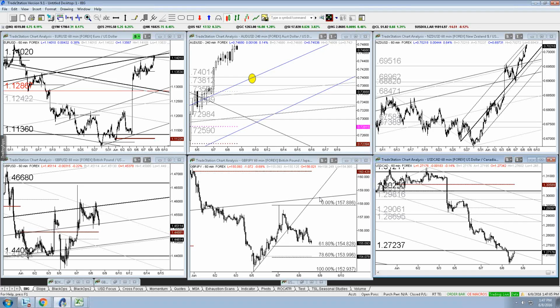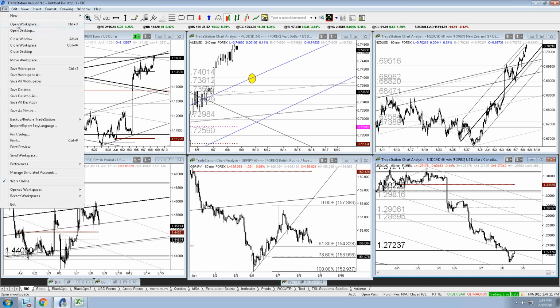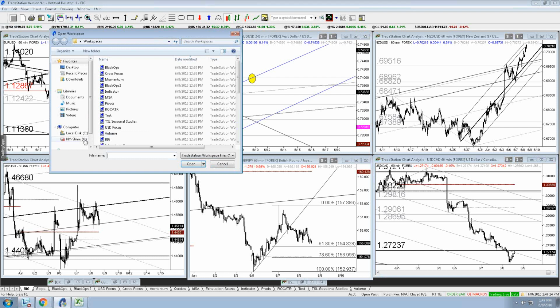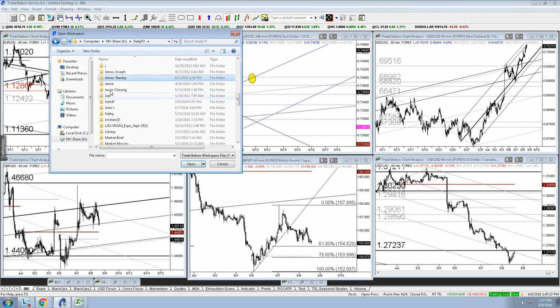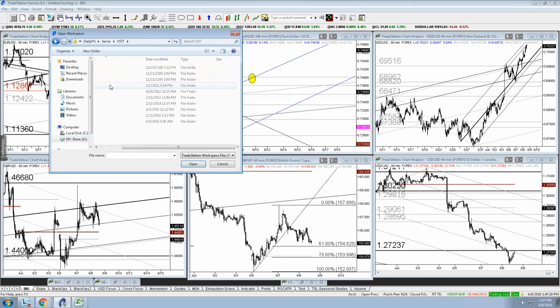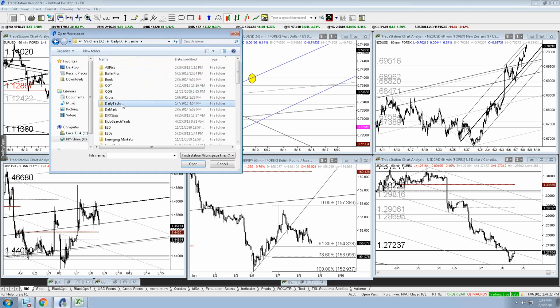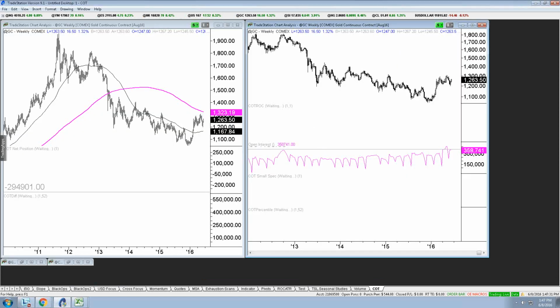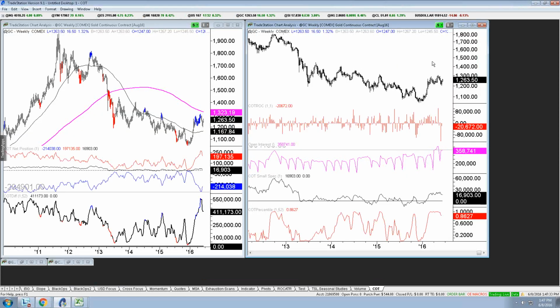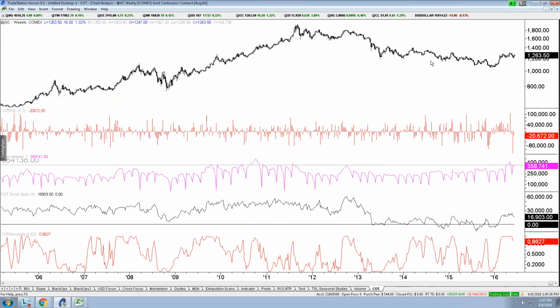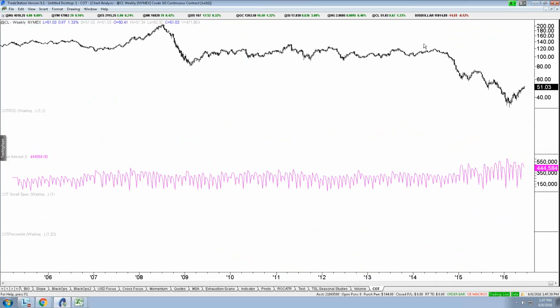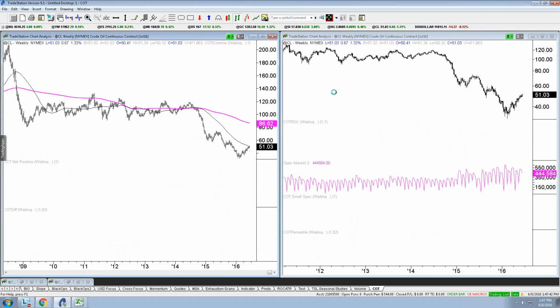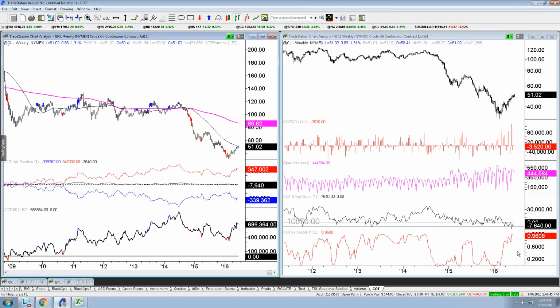I mean, COT, okay. Do I have it? Oh, I don't have it open. Let me open that. Open the commitment of traders data. There is a huge amount of longs on the COT.